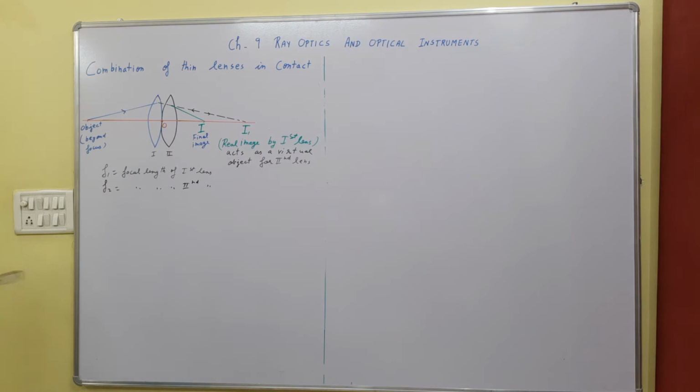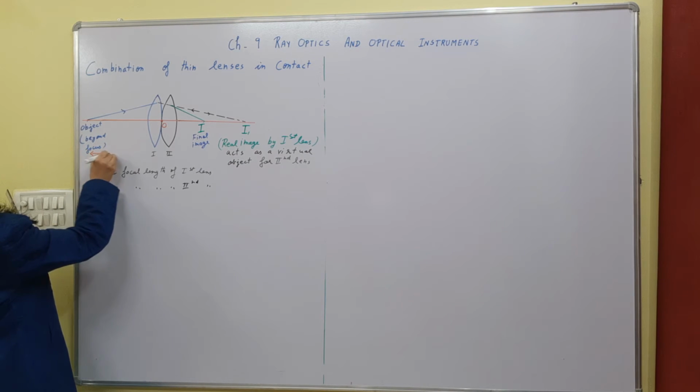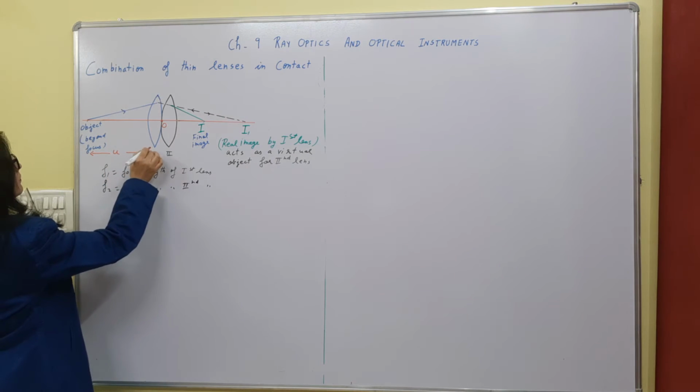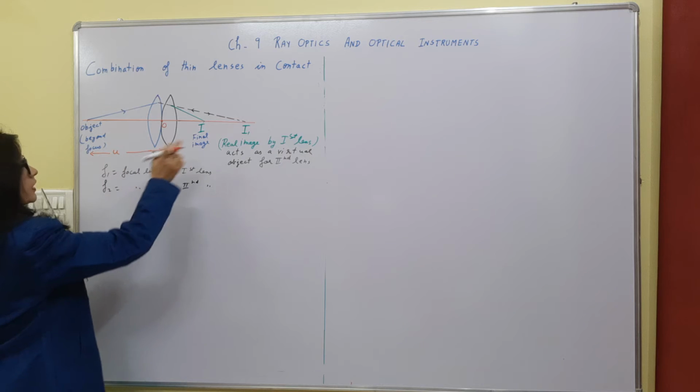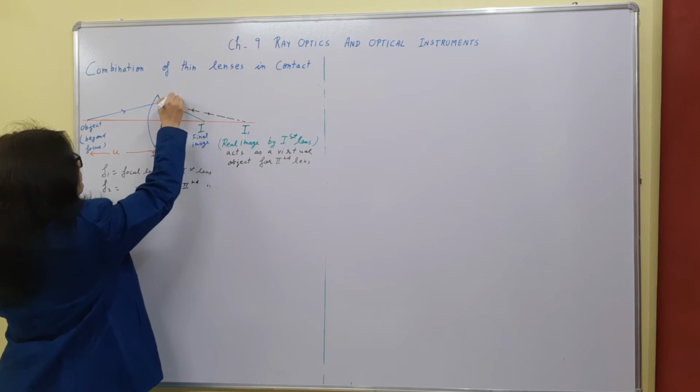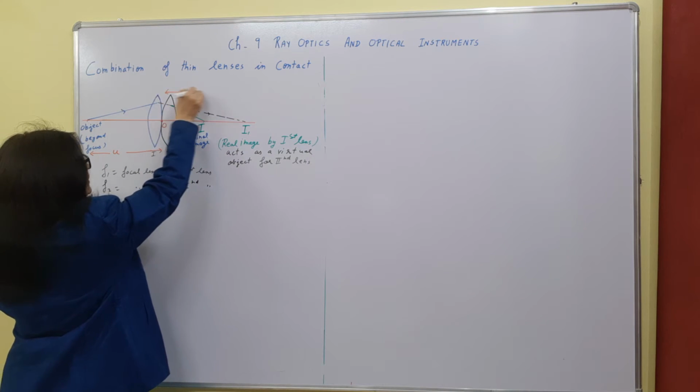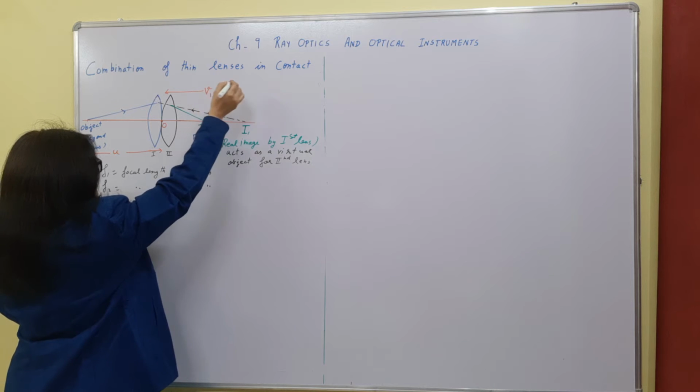Right? So this will be the object distance u. This will be the first image distance, so I can write it v1.